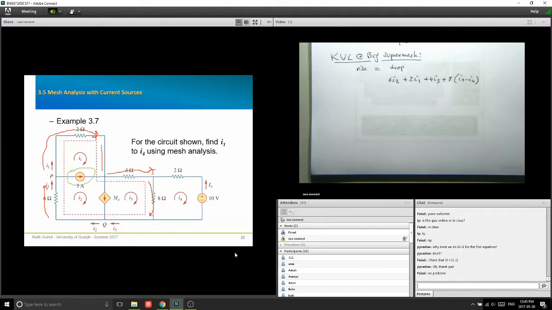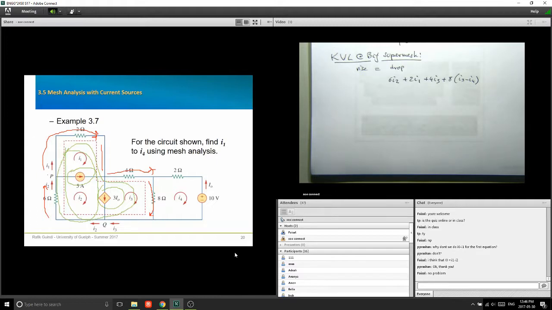So at least I have to have these two together being a super mesh. But again, I have here another current source. You see this one? So again, I cannot write KVL and go through this branch. So I have to take an even bigger super mesh that kind of goes all the way around so that I wouldn't have to go through a current source. Okay, that's how you form your super mesh.